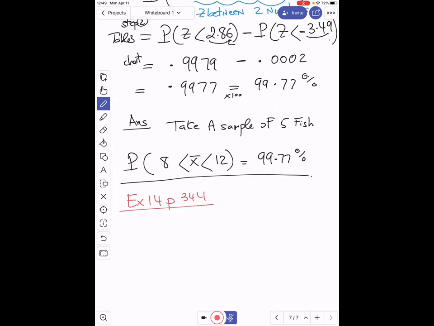The heights of 18-year-old men are approximately normally distributed.